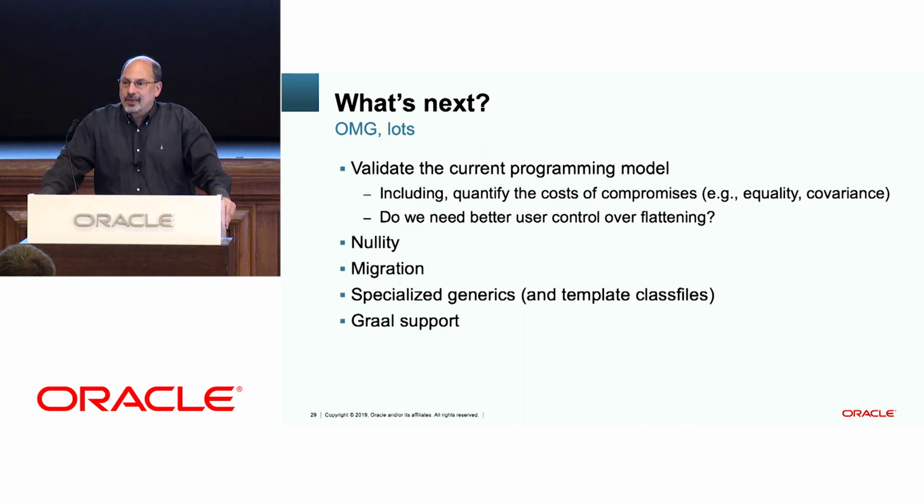We have to validate that this is the programming model that makes sense for people. We have to address questions like, do people need finer grain control over flattening, which some people might deride as wildcards on steroids? And we have to come up with sensible stories for nullity and migration and specialization. And right now we have support in C2, but we don't have support in Graal. So there's a lot of missing pieces.